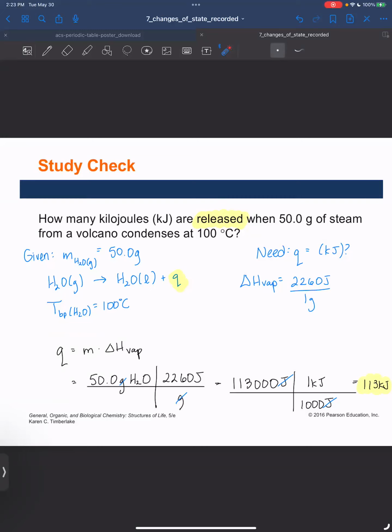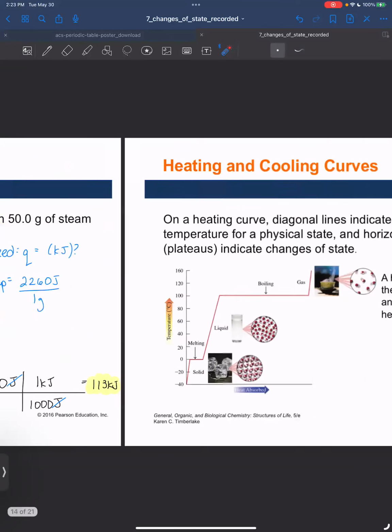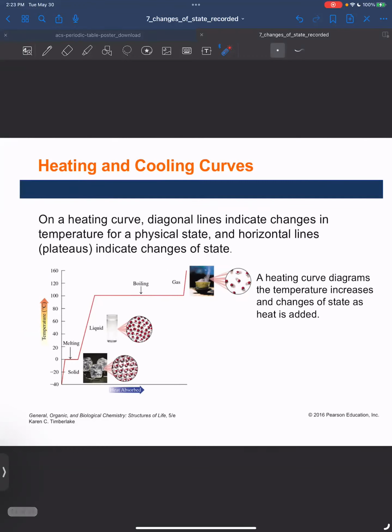All right, so we've been discussing different changes between states of matter. Now let's apply that knowledge to what's called a heating and a cooling curve. So let's look at a heating curve. The diagonal lines indicate changes in temperature for a physical state, and the horizontal lines, the plateaus, indicate the changes of state.